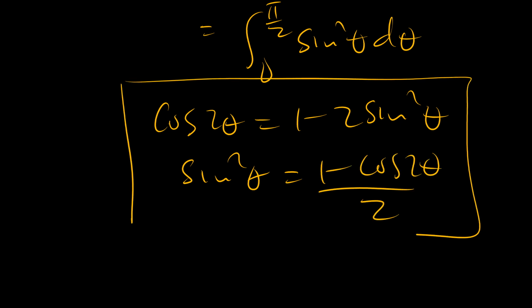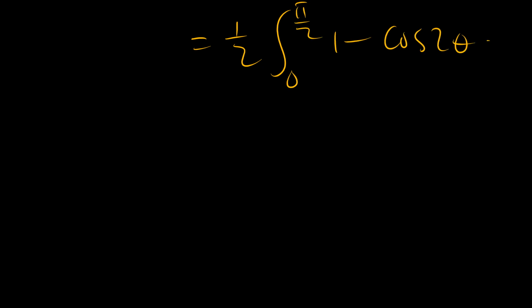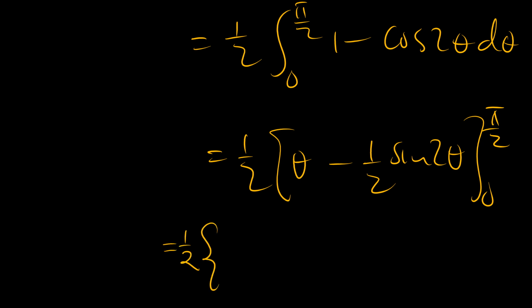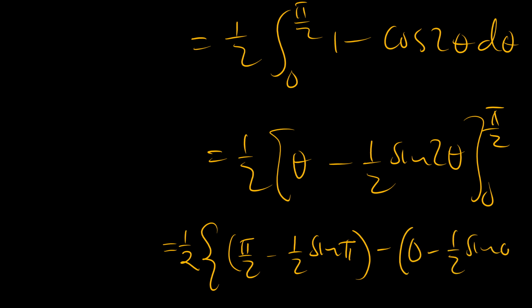So using this relationship, our integral comes to a half, 0 to pi over 2, of 1 minus cosine 2 theta, which is a half theta minus a half sine 2 theta from 0 to pi over 2. So which becomes a half pi over 2 minus a half sine pi, minus 0 minus a half sine 0.